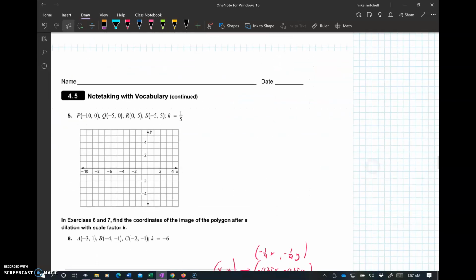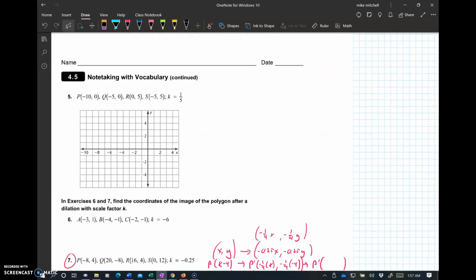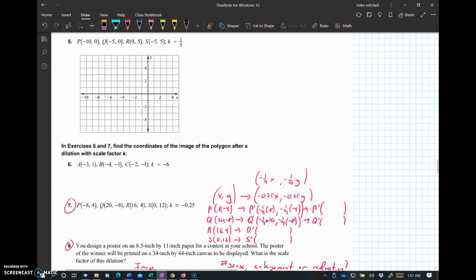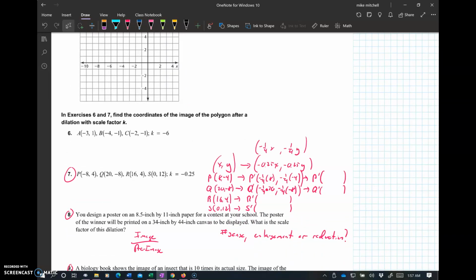Okie dokie, you get to do number 5. Notice they give you an easy number to work with. It's a fraction, but it reduces with everything. Same thing down here, just put it in. You can do these mentally. They gave us -0.25, and I know that is 1/4. It's easier to see this as -1/4. -1/4 of 8 is -2. -1/4 of 4 is -1.